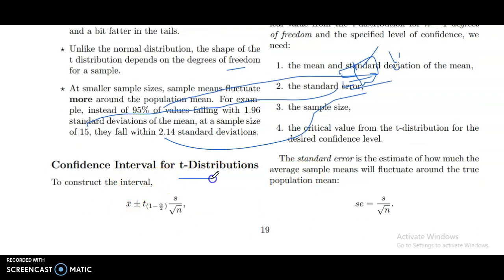Confidence interval for t distributions. To construct the interval: x bar plus or minus t of 1 minus alpha by 2, times s divided by root n.